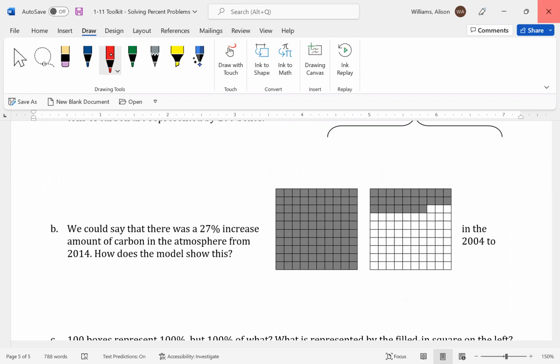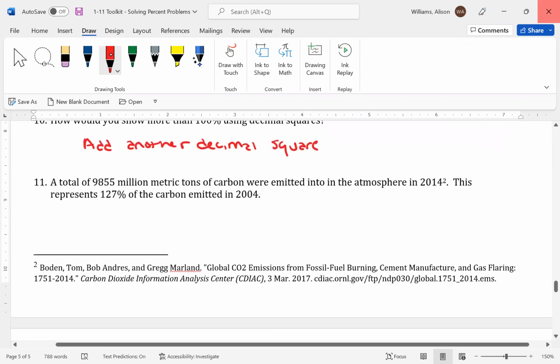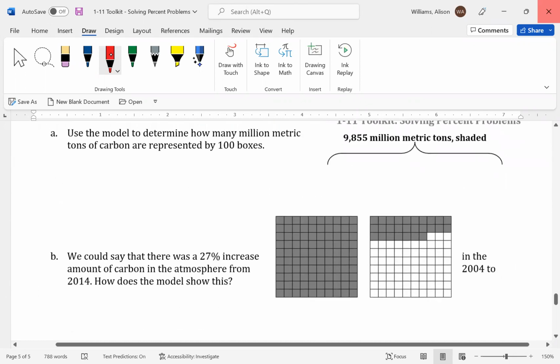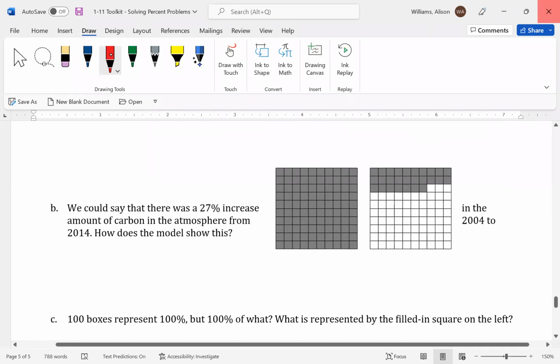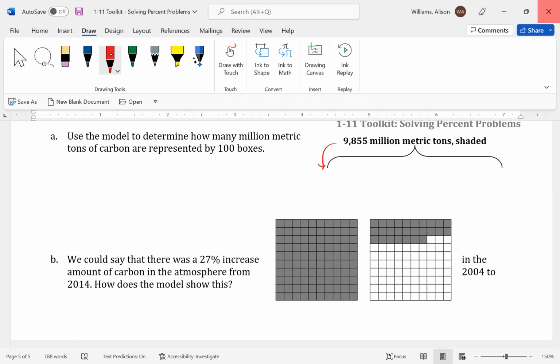So we had 127%, because it's 127% increase, right? That 27% increase needs a separate decimal square. So they're saying, if this is representing 9,855 million metric tons, that's how much it's representing in shaded regions, and that's 127 shaded regions.